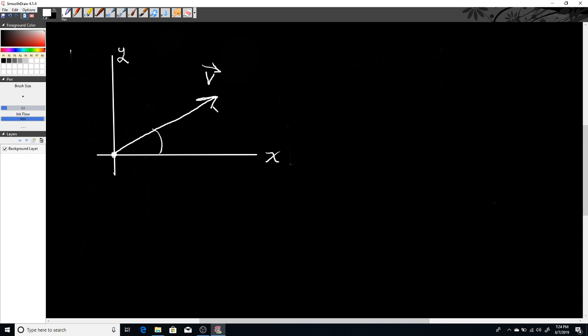So this angle of elevation would be called theta, or we could call it phi or whatever symbol we want, but in this case we'll just use theta. And this vector is comprised of multiple components. Since it's a two-dimensional vector, it's comprised of 2 components: a vertical component and a horizontal component.